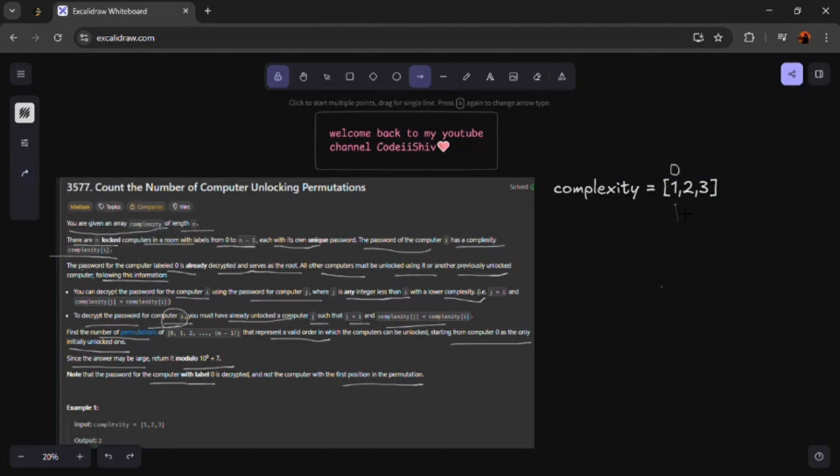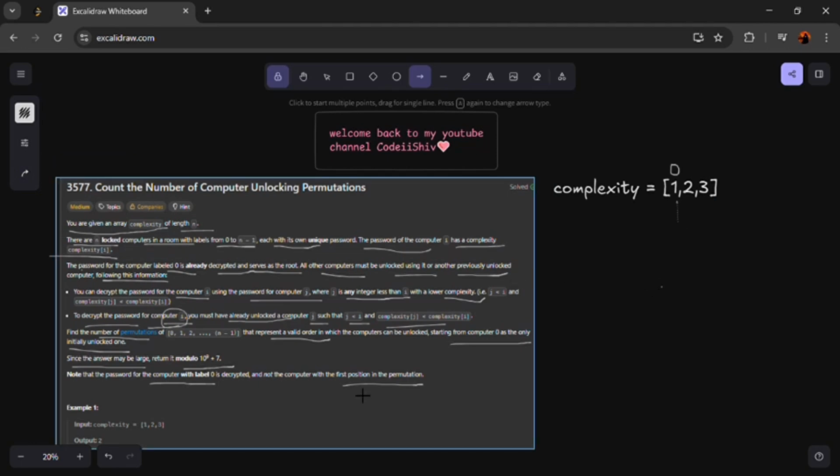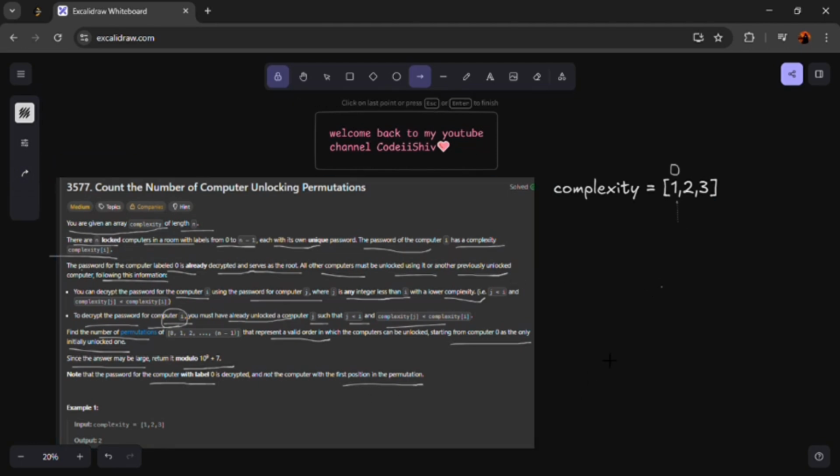Currently we have this example. Now let's understand what this example says: at index 0 we have a computer and this computer is already unlocked.